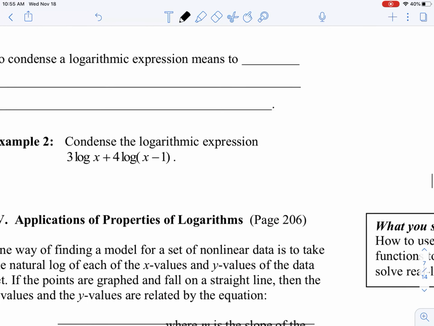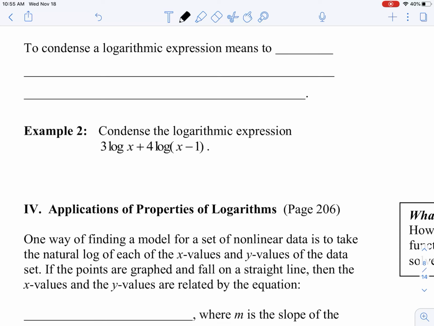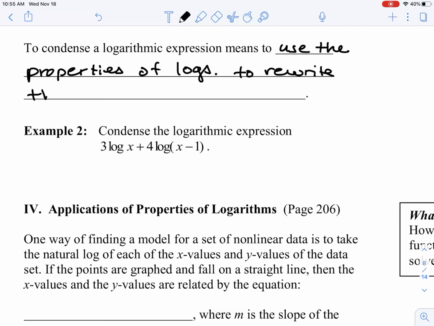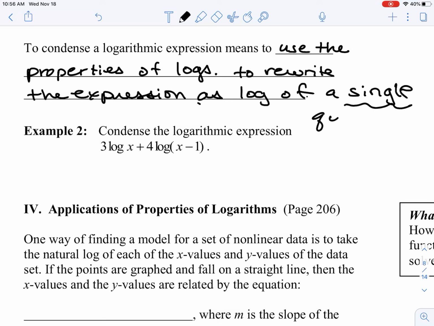Okay. So here is what we would do to condense an expression. So obviously it's the opposite, right? But we're going to use the properties of logarithms again to rewrite the expression as a log of a single quantity.